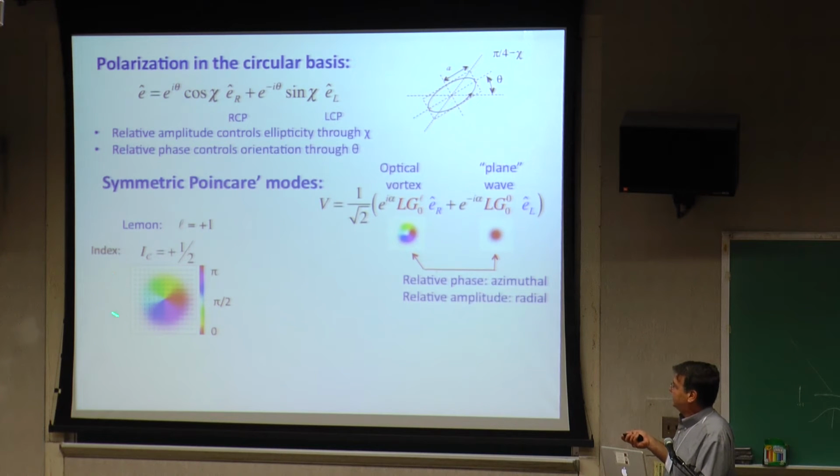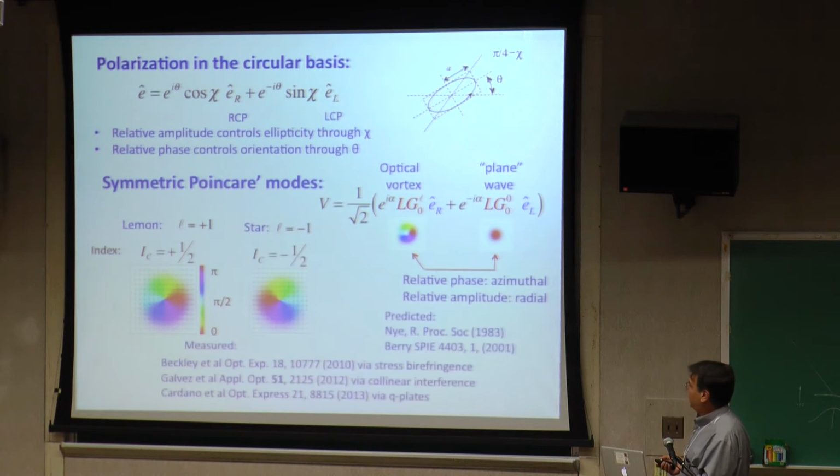And here you have it, that's your lemon. And then there's this index that refers to the rotation of the semi-major axis as you go around the beam. So in one turn, it rotates by half a turn. And then for the star, it rotates in the opposite direction. And then these type of beams have been measured before by a group at Rochester, ourselves, and then the group in Italy, Marrucci and Cardano, and also Ebrahim Karimi.